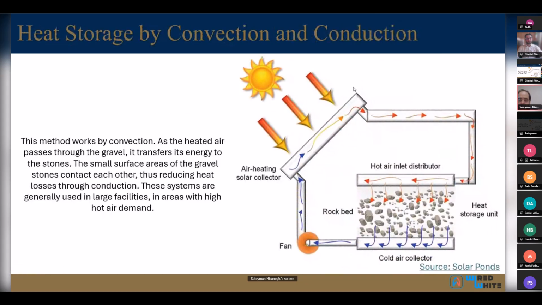This method operates through convection. As the heated air passes through the gravel, it transfers its energy to the stones. These systems are generally used in large facilities where there is high demand for hot air.